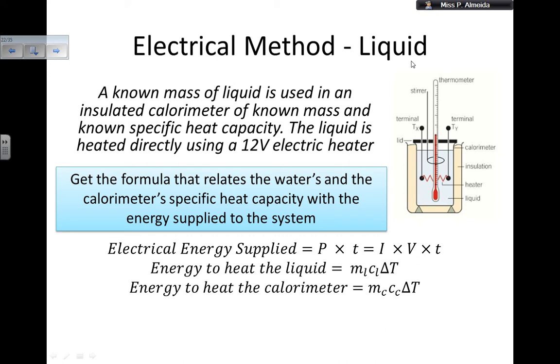So now I need to think that I'm not only heating up this liquid, I'm also going to heat up this outside, okay? And there are going to be some energy transfers while they are not in thermal equilibrium.